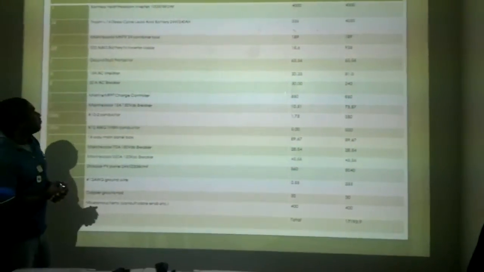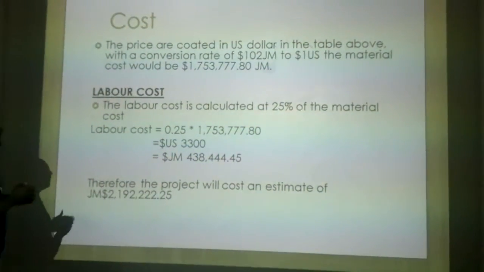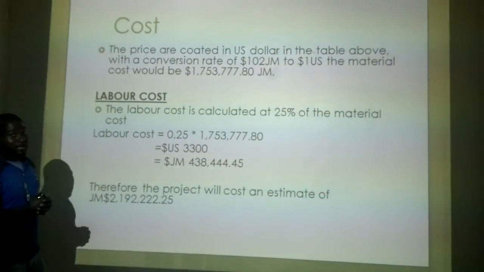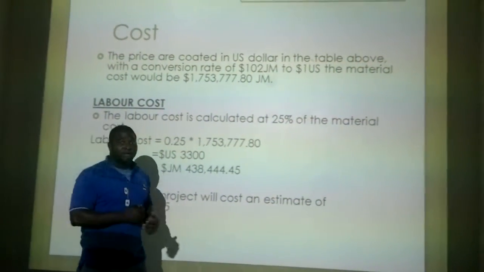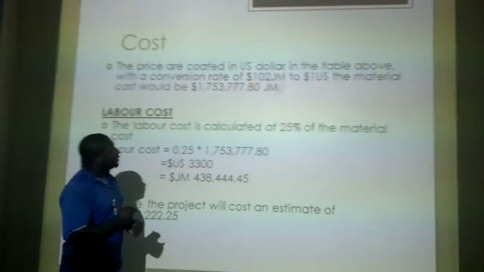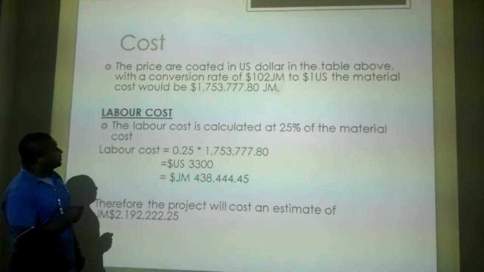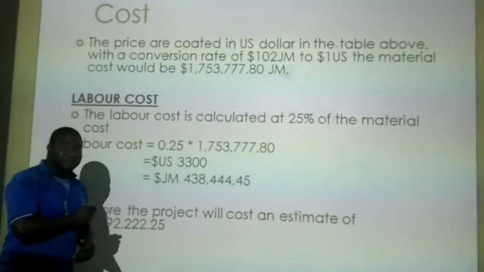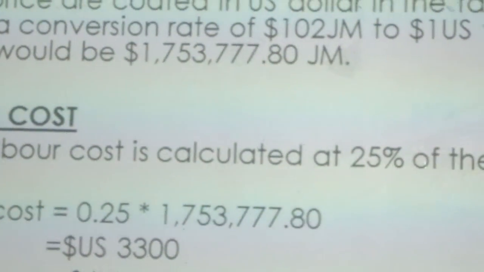So now, as you can see, the costs are quoted in US dollars, and therefore we convert this into the Jamaican currency used here in Jamaica, at a rate of 102 Jamaican dollars to 1 US, and we basically get 1,753,777.8 Jamaican.